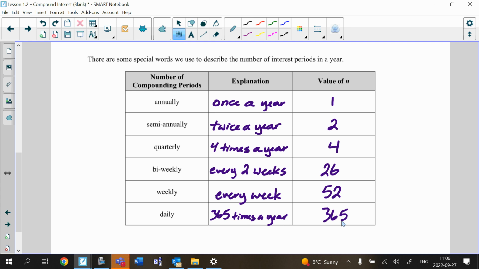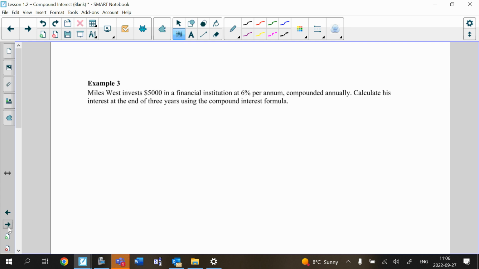Okay, so let's practice using this formula with the same example we started with. We'll do 2 more examples. Same guy, same amount investing, 6% compounded annually, calculate his interest. So we need to figure out the amount of his investment if he invests a principal of $5,000.